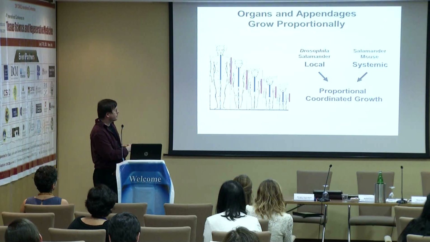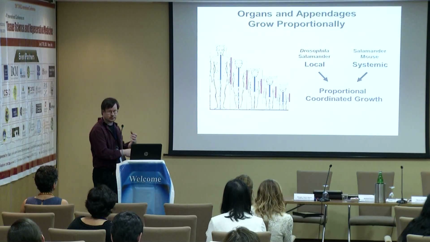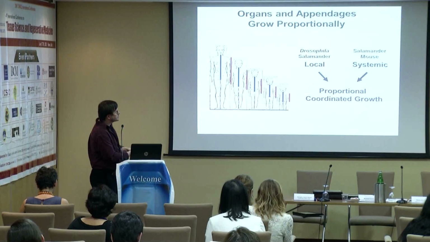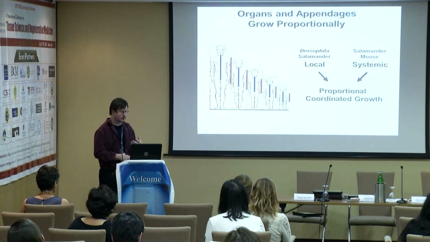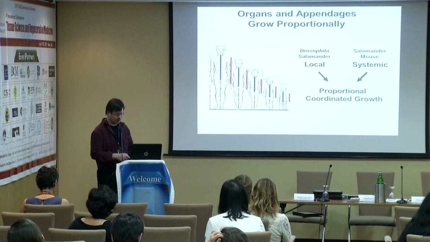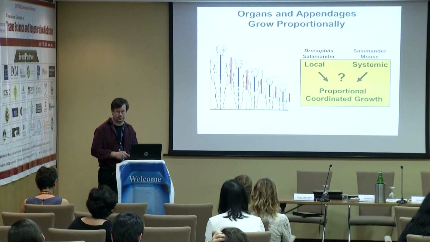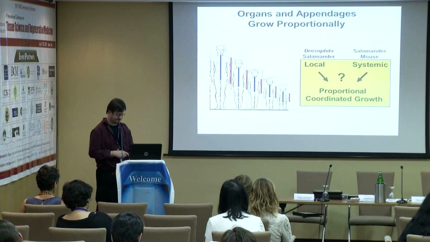And we know from various animal models that there are local controls within the tissues, such as, for instance, oncogenes, tumor suppressors, etc. And we know that there are systemic factors within the animal that also control this proportional growth, within the body itself. The question is that we don't have the full complement of what these things are, and we don't know how they're integrated so that you get a multi-tissued structure that grows proportionally.